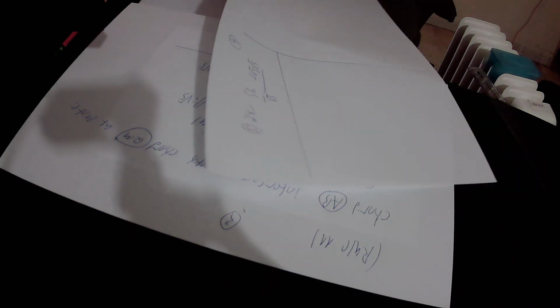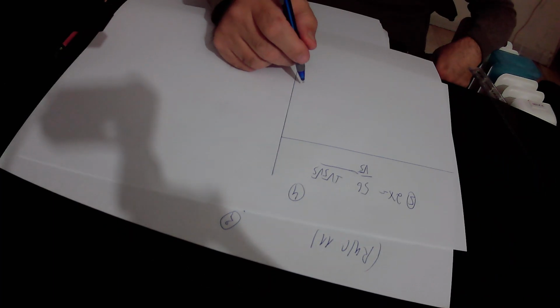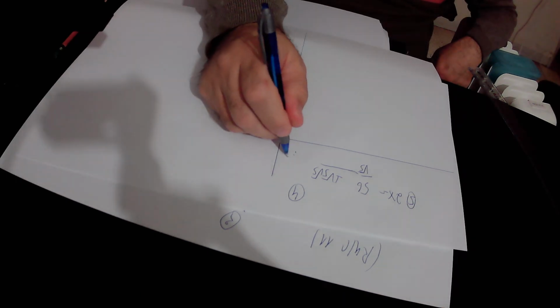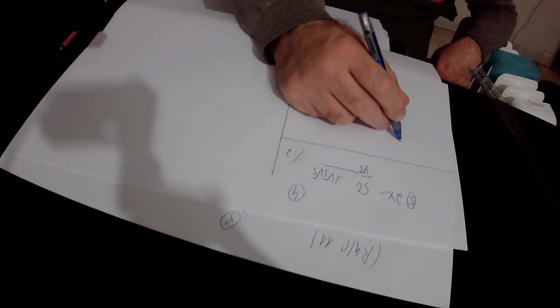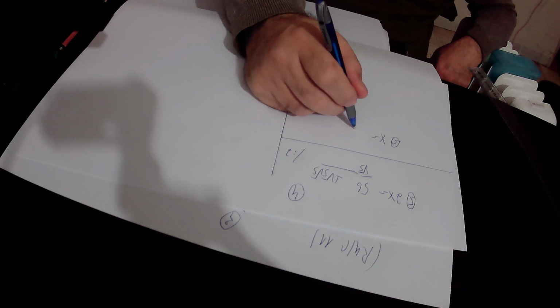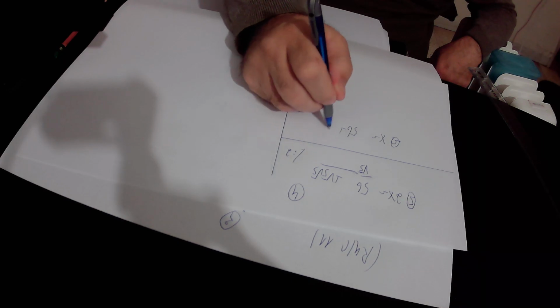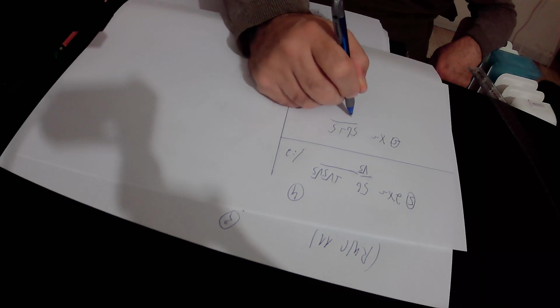Here we divide this equation by 2, and we get that according to equation number 1, x equals 5b plus square root of 5 times square root of 5, which is 5, over 2 times square root of 5.